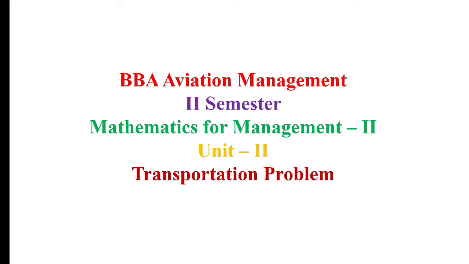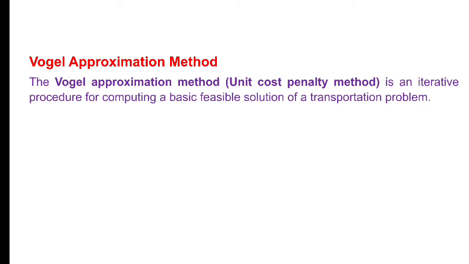This is comparatively the best method for a basic feasible solution, compared to the northwest corner method and the least cost method or matrix minimum method. Vogel's approximation method is very important to solve the transportation problem. You will get the minimum cost of transportation. In this method, we can say it is the VAM method or unit cost penalty method.